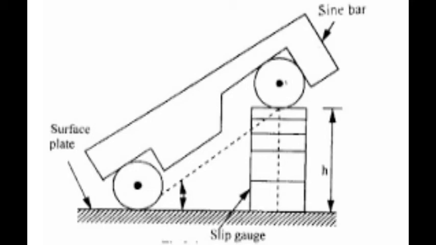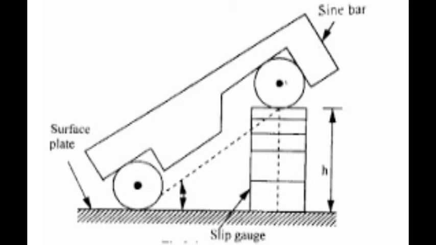So the principle of operation of the sine bar is based on trigonometry. A combination of slip gauges is inserted under the second roller. Then sine theta equals h by L, that is, theta equals sine inverse of h by L. For this reason the device is called a sine bar.